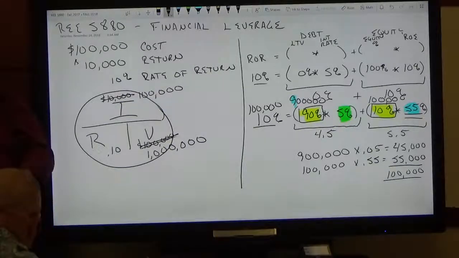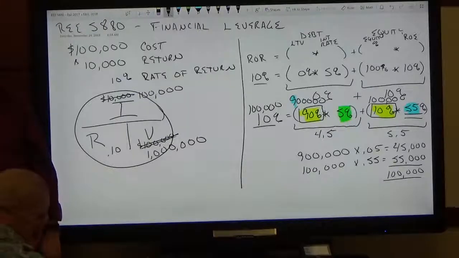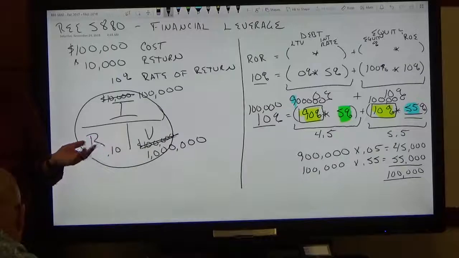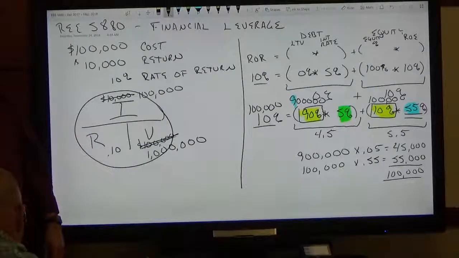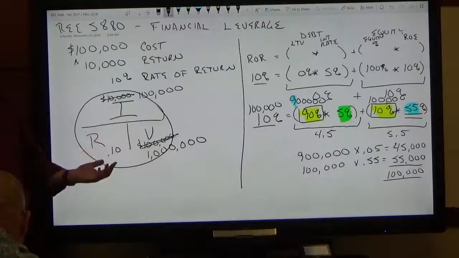If all of a sudden the market drops out and the rental income goes to nothing, I haven't really lost anything in terms of the actual asset, other than maybe the asset's worth less, but I'm not in the hole for anything.